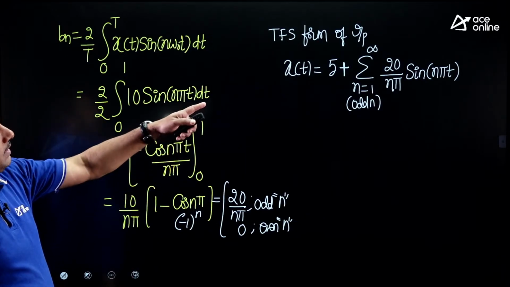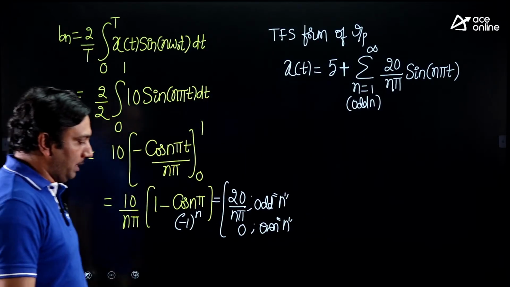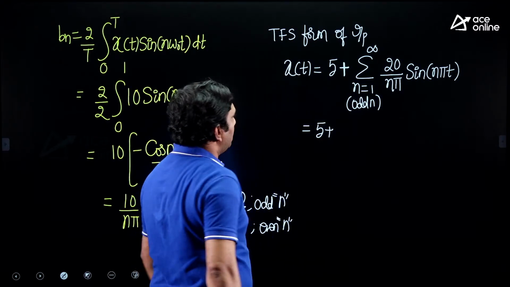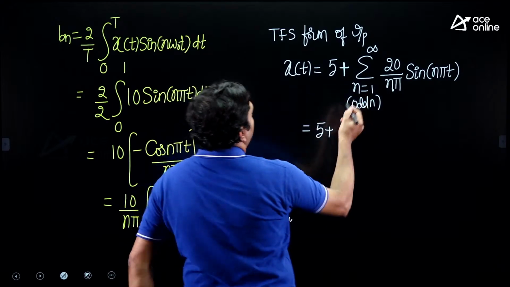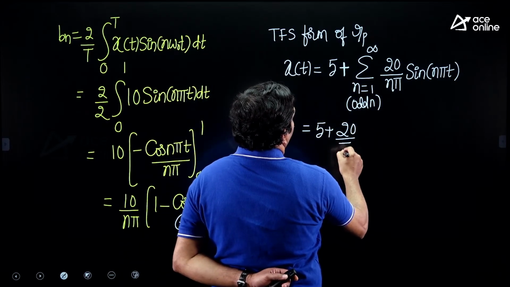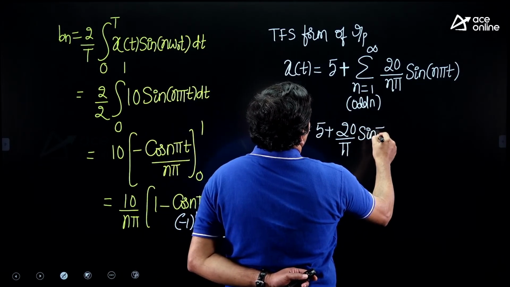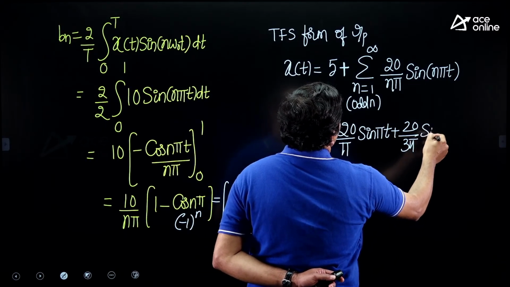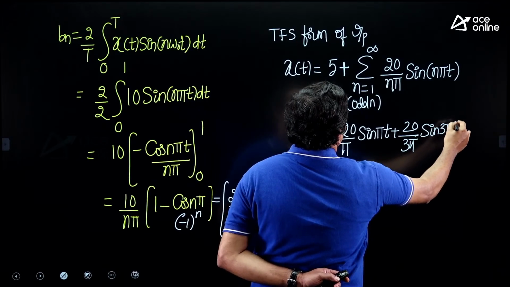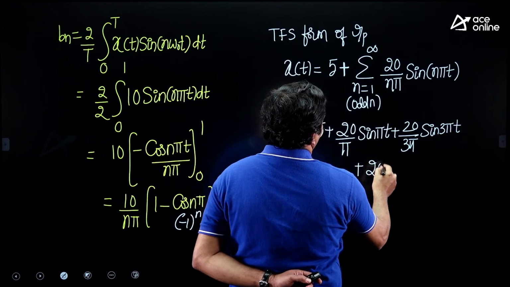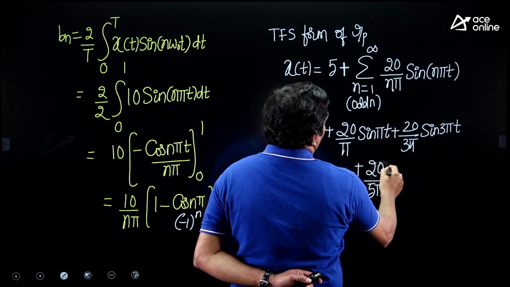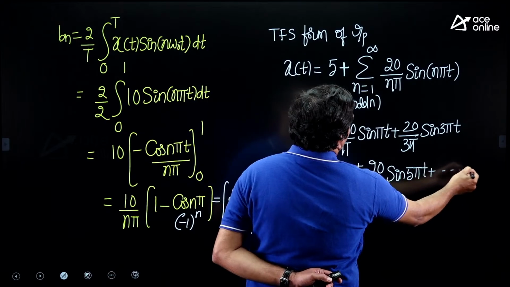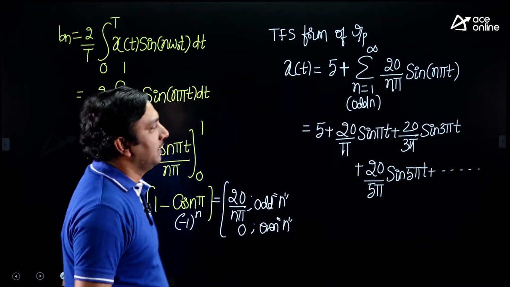Sin n omega naught t form. So we are expanding this summation only for which frequencies? n equals 1 means 20 by pi sin pi t. n equals 3 means 20 by 3 pi sin 3 pi t. n equals 5 means 20 by 5 pi. Like that, only odd frequencies will be retained apart from DC.